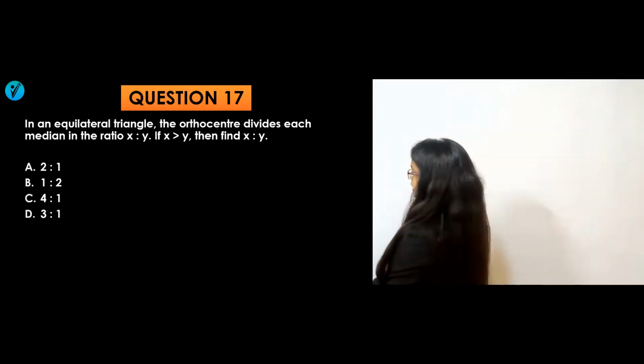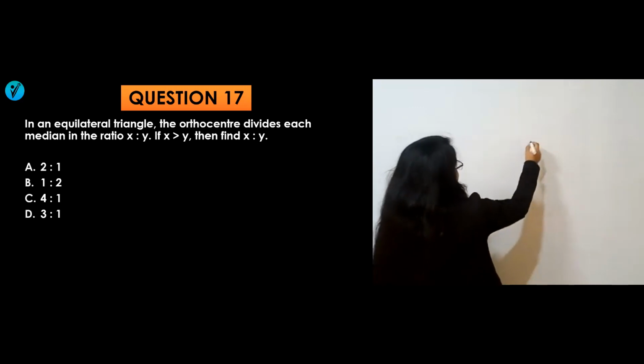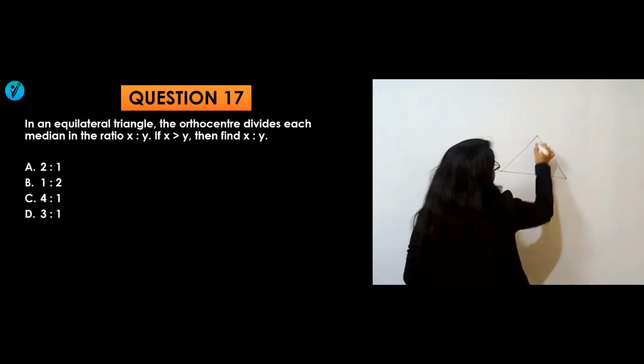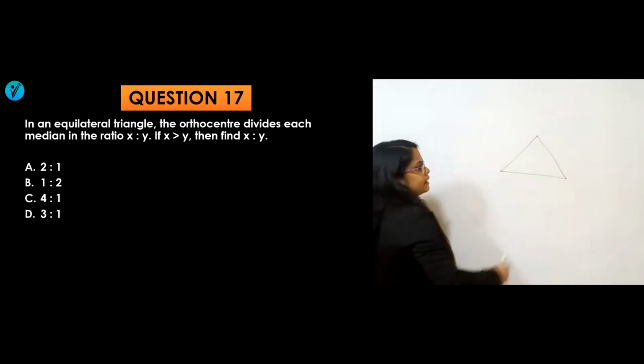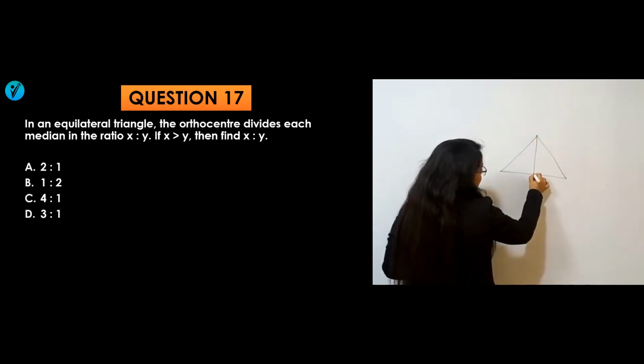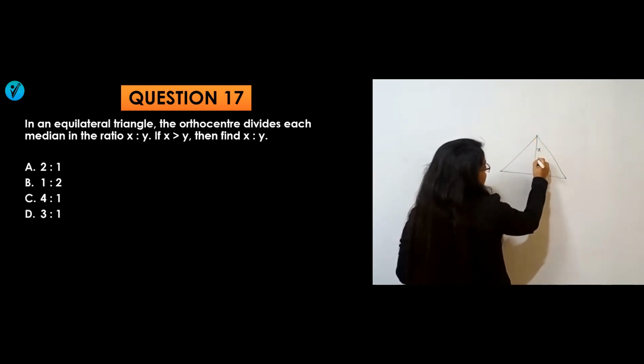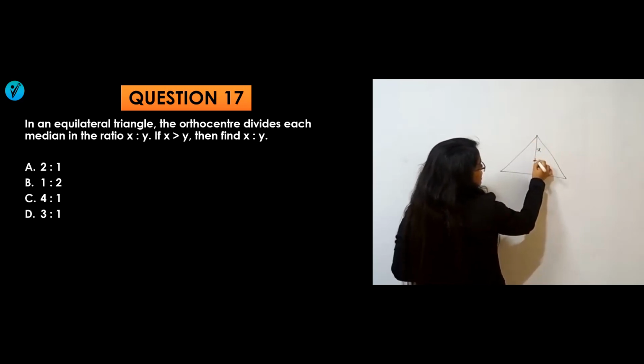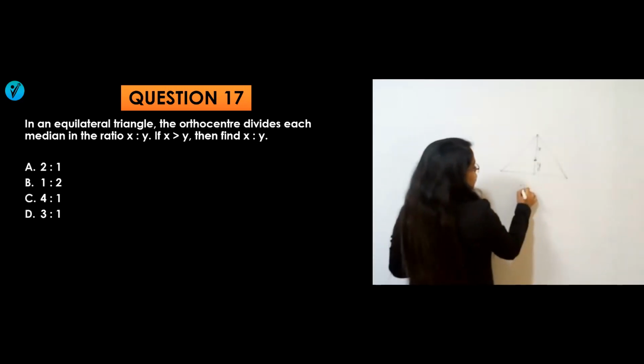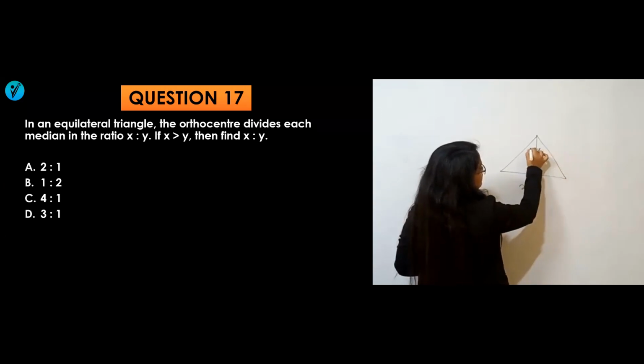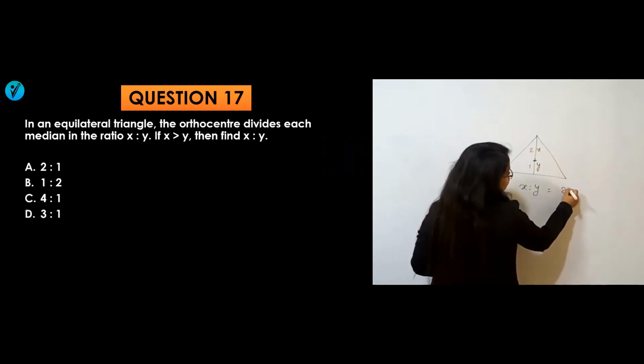If x is greater than y, then find x is to y. This is an equilateral triangle. We know that x is greater than y, so of course it is always divided in the ratio of 2 is to 1.